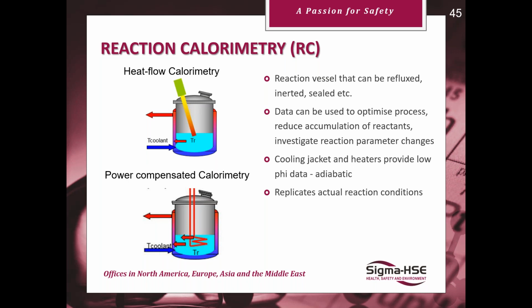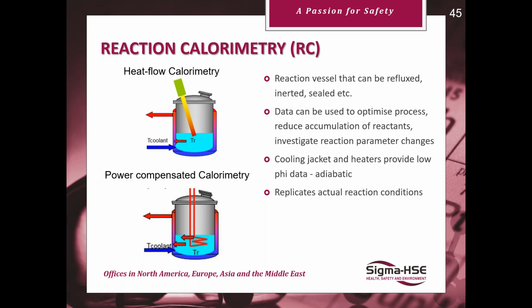So if your system then starts to exotherm, the power needed to be input into the system to keep it at the temperature is reduced, and that's how it works out the energy output from the exotherm: it's basically how much or little that heater backs off to keep it at the desired temperature.